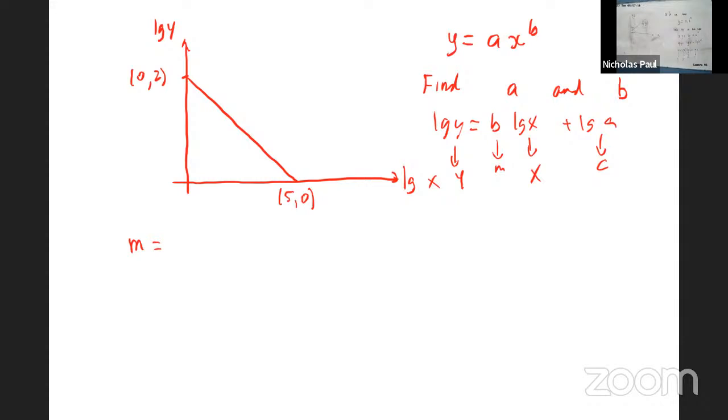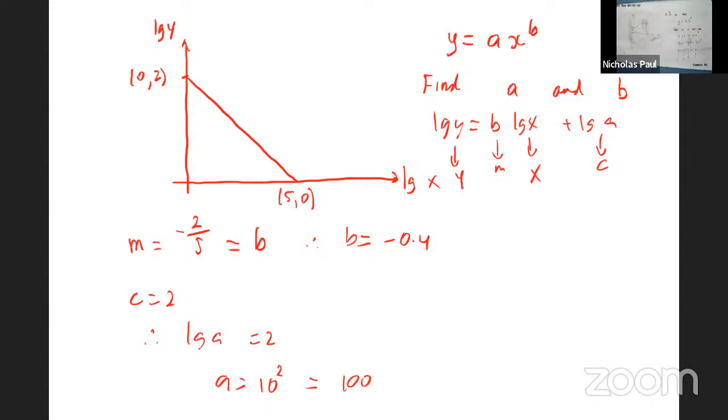So when you work out the gradient, you'll get minus 2 over 5, which is equal to b. So b is equal to minus 0.4. Your y-intercept is 2. So that means that log a is 2. So a is 10 to the power of 2, which is 100. Are you okay with that?